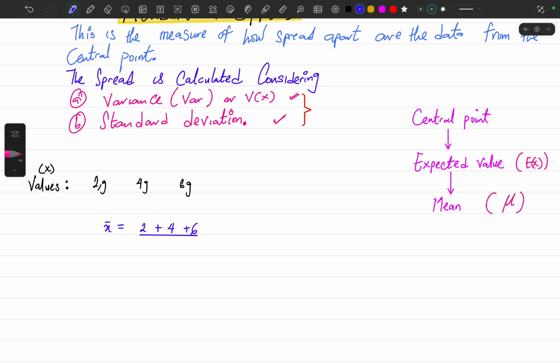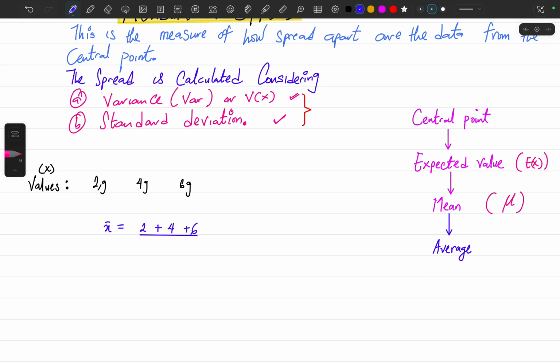So take note that when you say mean, this is definitely the same concept as average. When you say the mean of something, you also mean the average of that thing, the expected value, and the central point. All of these are the same thing.